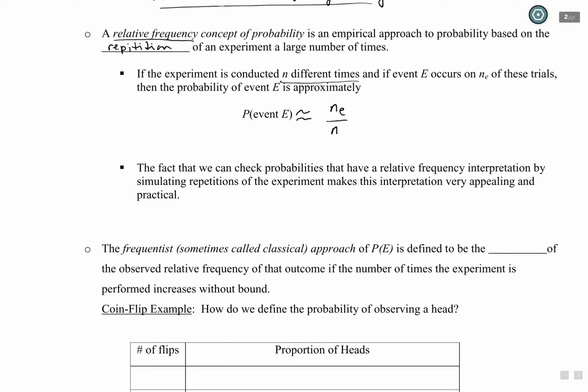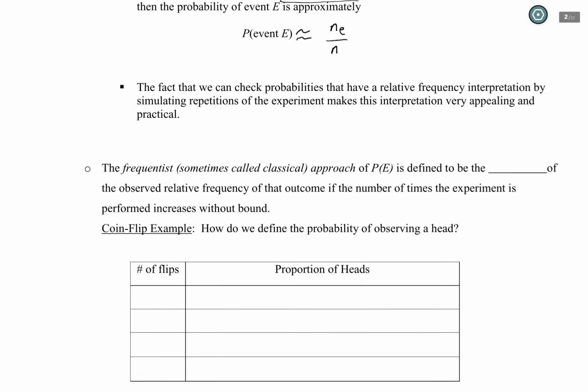If we can repeat this a large number of times, and we look at the relative frequency with which the event occurred, then we think of that as our probability, the way we interpret it. This is appealing because it has this nice interpretation. We can look back in terms of an experiment to think about this sort of interpretation.